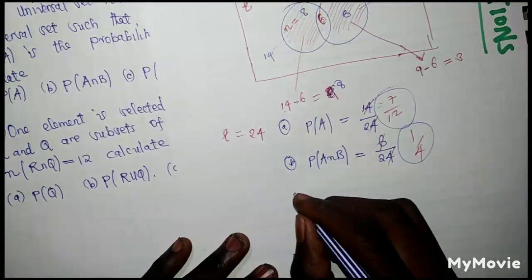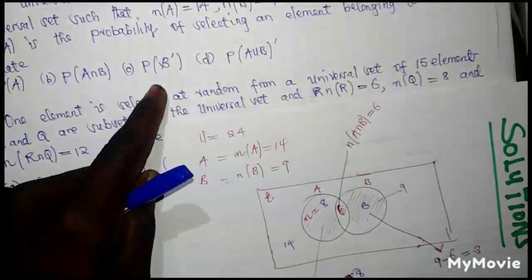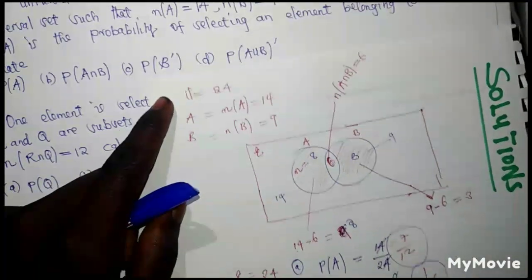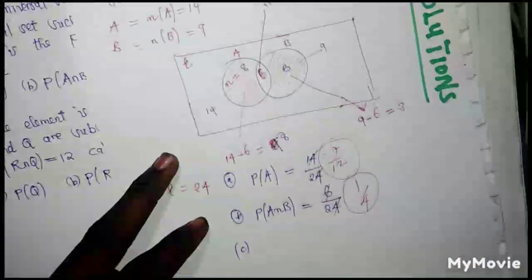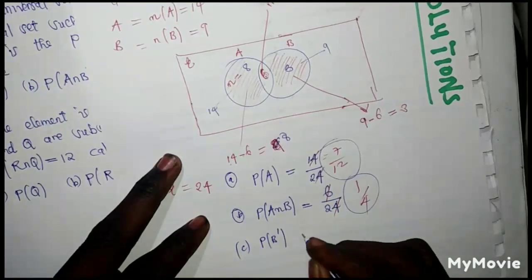Now see here, the probability that what we're going to pick is an element that is in the universal set but is outside of B. P(B complement).